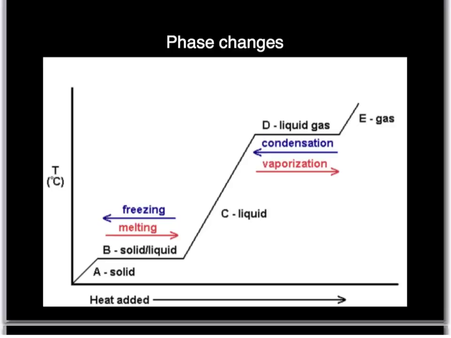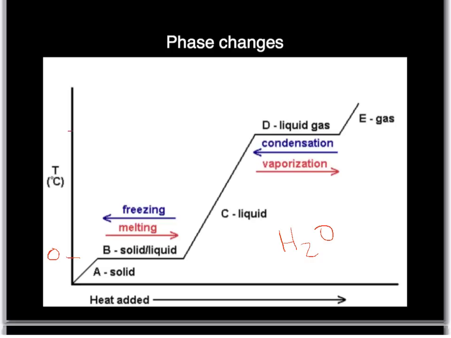Here we have our freezing point and also our melting point, and we're looking at water here, H2O. Here's our temperature on our y-axis, and in Celsius, we have 0 degrees Celsius, which would be our freezing point, but it also would be our melting point.